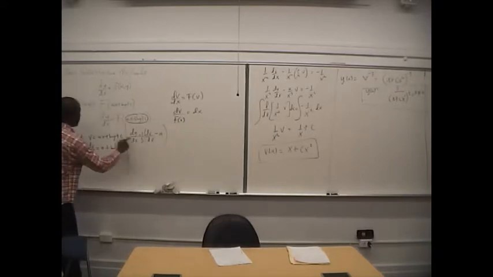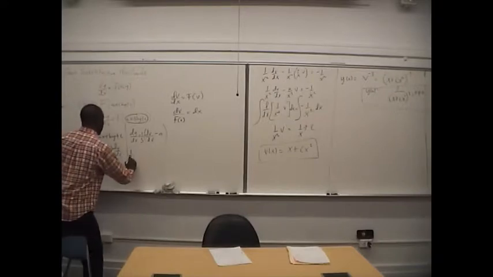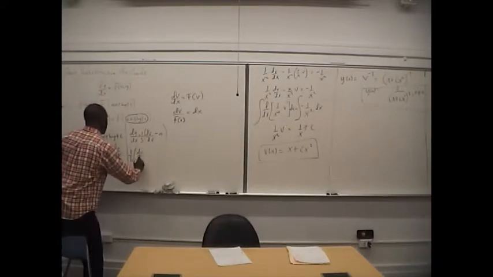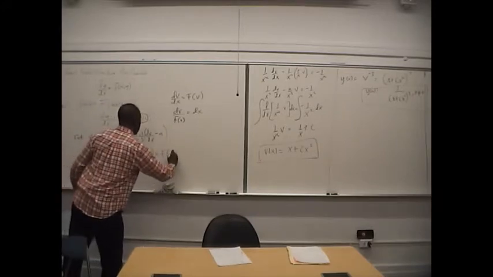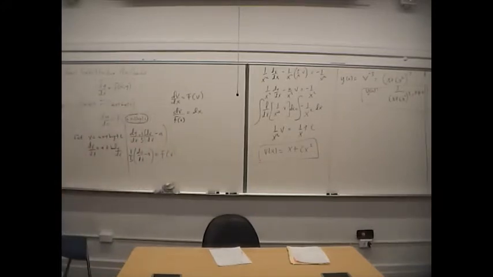Alright, if I replace this here, I have 1 over b times (dv/dx minus a) equals the function of just v. So I'm getting closer.